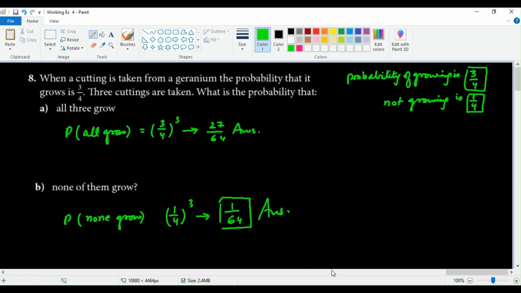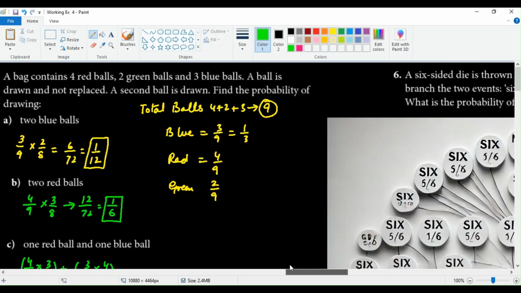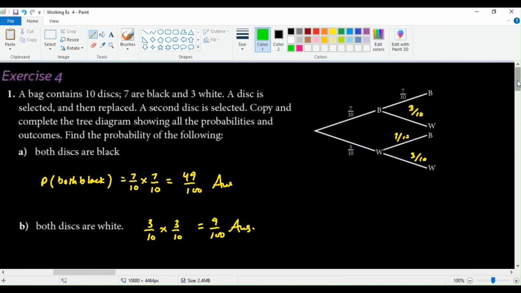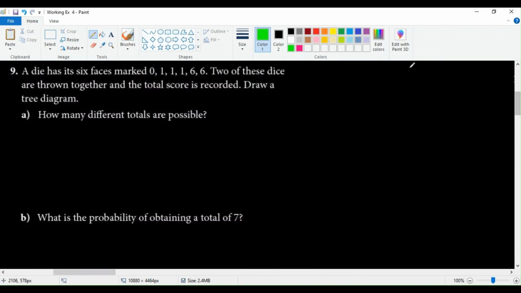Moving on to question number 9. It says a die has its six faces marked 0, 1, 1, 1, 1 and 6. Two of these dice are thrown together and the total score is recorded. Draw a tree diagram. I guess you should draw it on your own. So the possibilities are 0 and the second die is also 0, then 0 and 1.